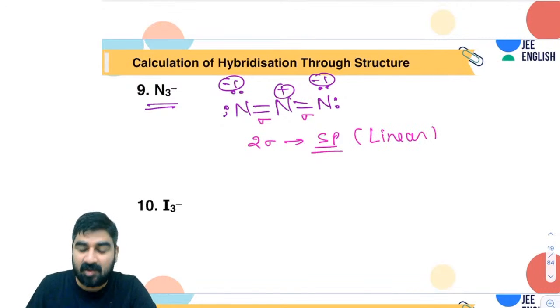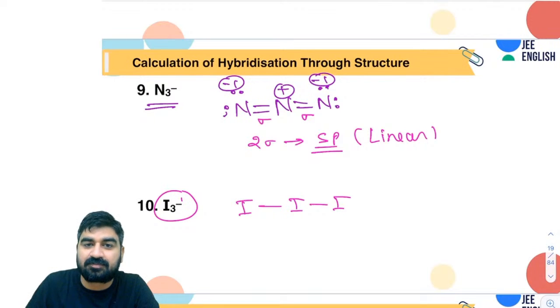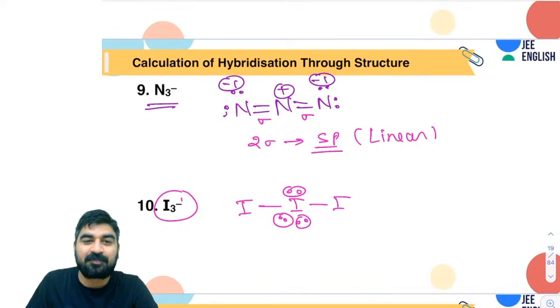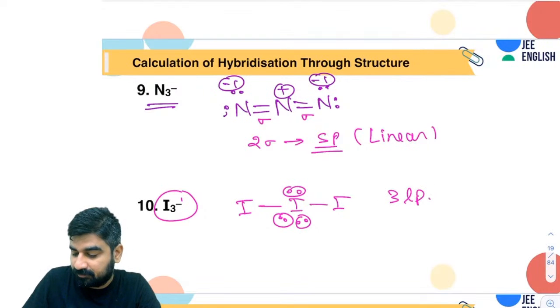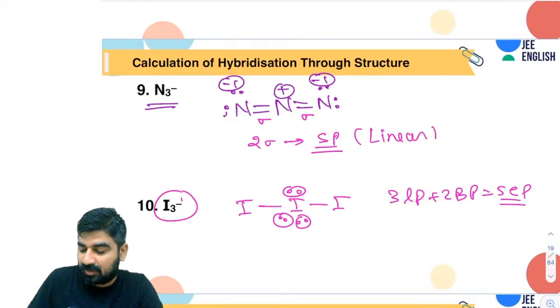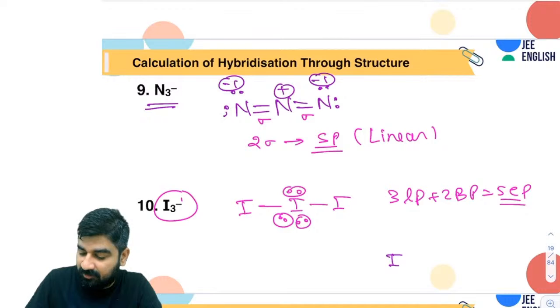Okay, guys. Similarly, for I3 minus, what I can do here is, we have 2 iodine atoms and then we have 6 electrons because 1 minus is there. So 1 extra electron will be added. So 3 lone pairs, 2 bond pairs, so 5 electron pairs.